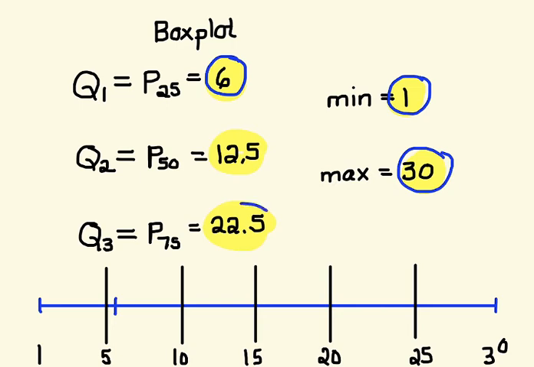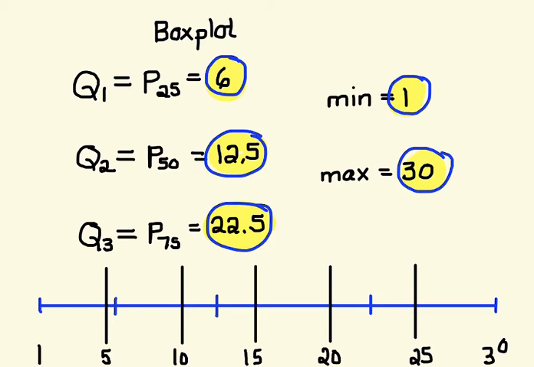The right end of my box is 22.5. Well, let's see. 20, that's about halfway between. So there'd be 22.5 right there. Actually, a little bit more to the left. It's halfway between 20 and 25, the halfway point. And then 12.5, let's see, 10, 11, 12, that's about halfway here, right?